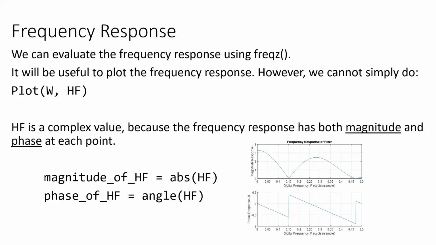So we'll evaluate it using freqz. The thing is, we can't just plot omega, or W, I guess we'll call it, by H(F), because it's complex. The response of a transfer function is usually going to be complex, so it has magnitude and phase at each point.